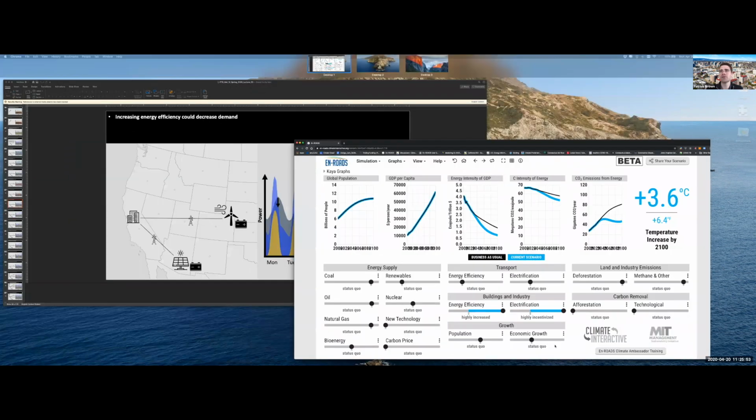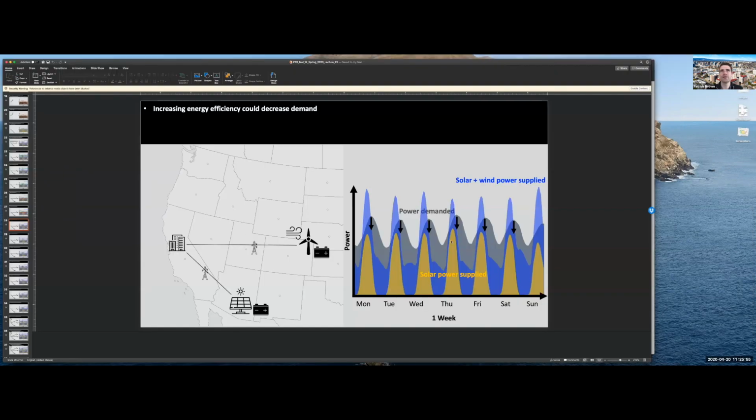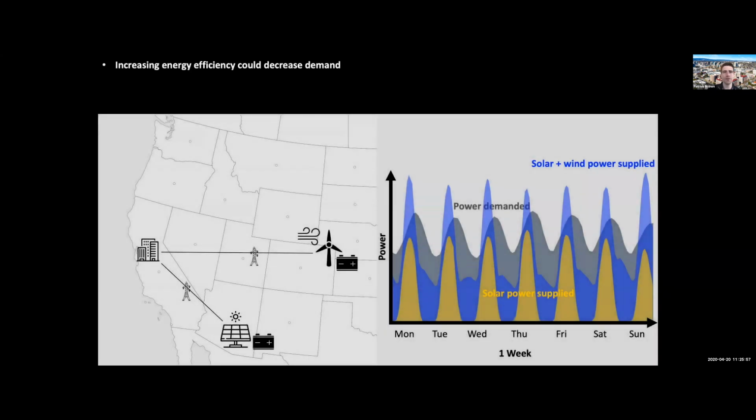So going back to our graph here, this energy efficiency would essentially move the power demanded down. And so that could help us match supply and demand under this new energy system. If we move that down, then we have less of these time periods where demand is higher than supply.